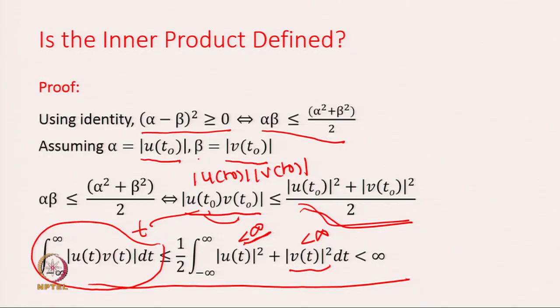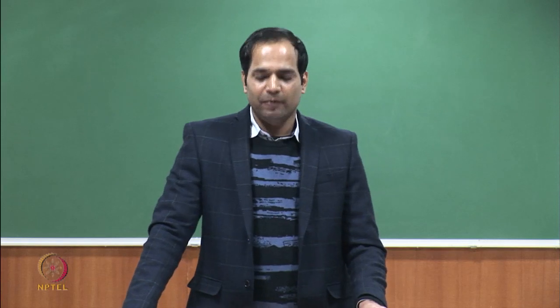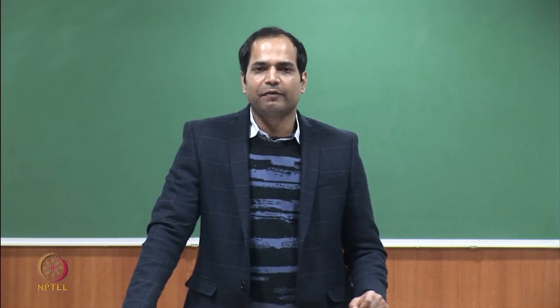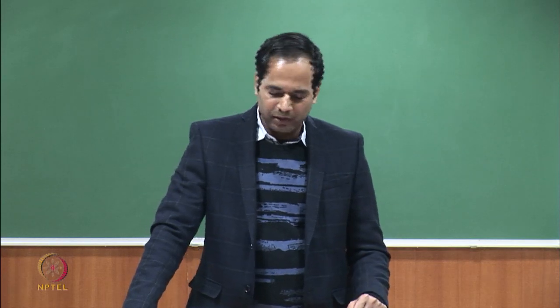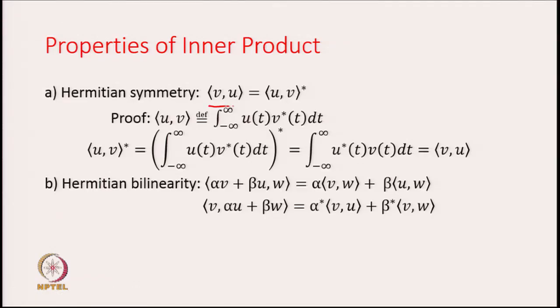Now, finally, we have to test this definition through the axioms of inner product space. First, we need to check whether Hermitian symmetry is satisfied. For Hermitian symmetry to be satisfied, we know that the inner product of v with u should be the same thing as the inner product of u with v, but with a conjugate.